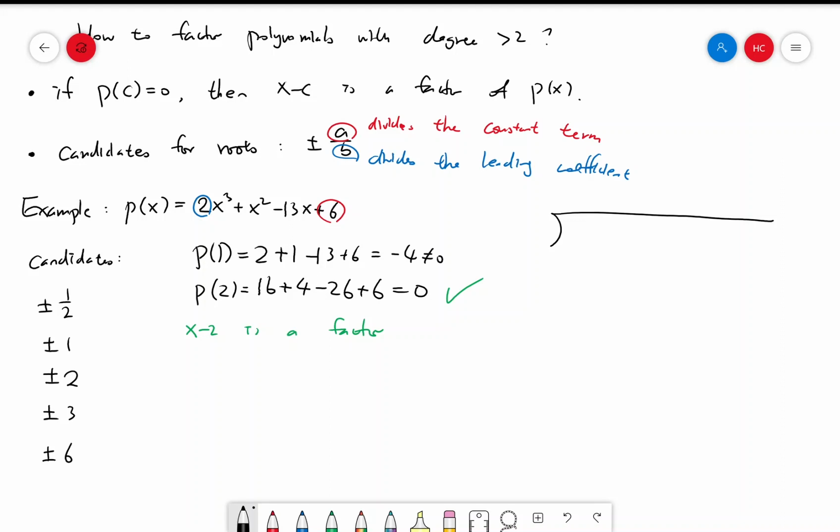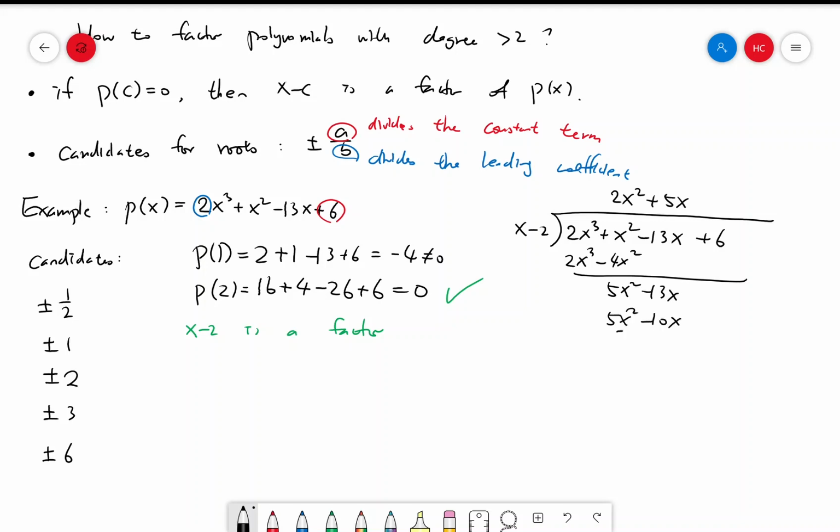So let's divide 2x cubed plus x squared minus 13x plus 6 by x minus 2. So we have 2x squared here, 2x cubed minus 4x squared, 5x squared minus 13x, this is plus 5x, 5x squared minus 10x, negative 3x plus 6, minus 3. So it's negative 3x plus 6, 0.